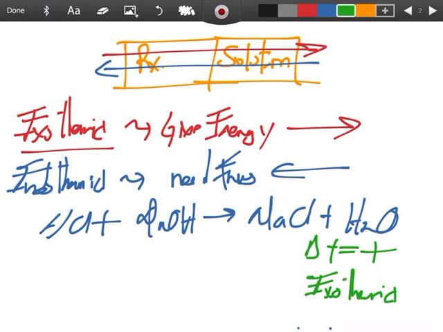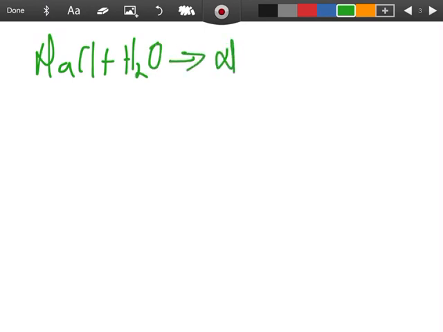But what about if I want to erase this and now make the reaction go all the other way around? So let's go to the next page and say, for example, that NaCl plus H2O can give me away NaOH plus HCl. Well, chemically speaking, this reaction can happen.